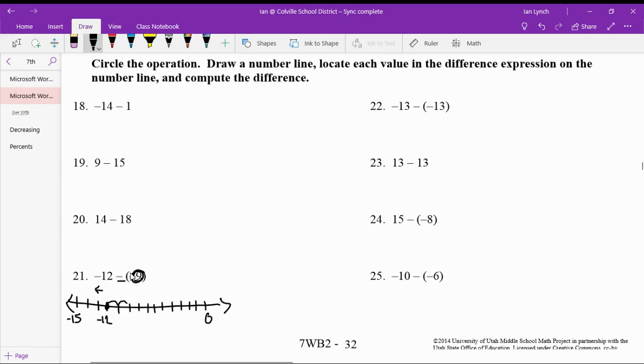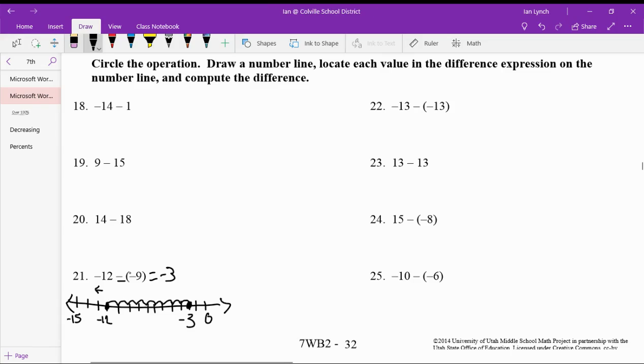So that's 1, 2, 3, 4, 5, 6, 7, 8, 9. Which gets us, I think I may have done some wrong counting here, but it should get us to negative 3. I probably did some wrong counting somewhere in here. 11, 10, 9, 8, 7, 6, 5, 4, 3, 2, 1.